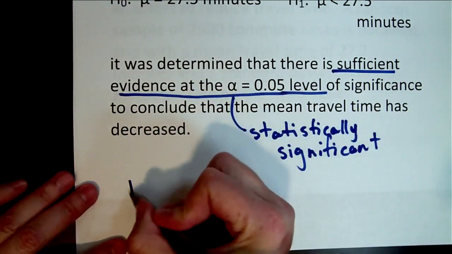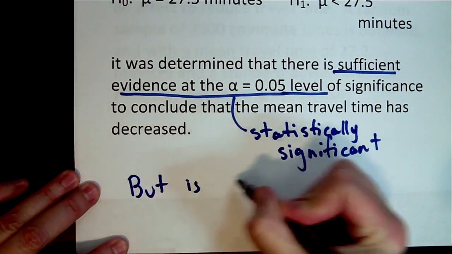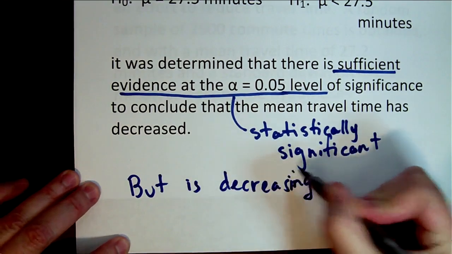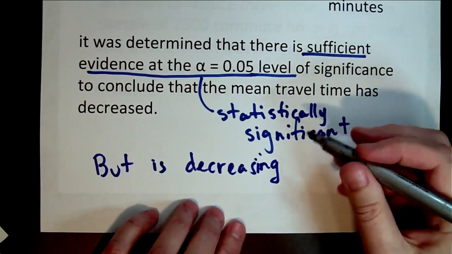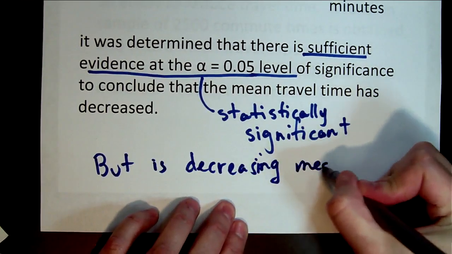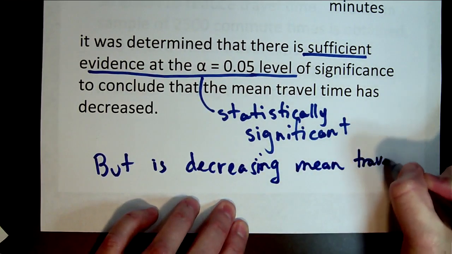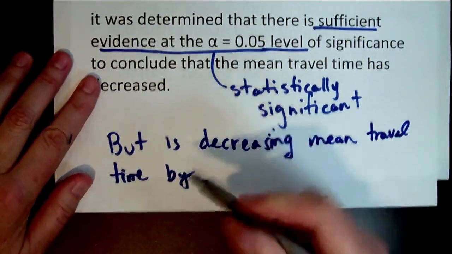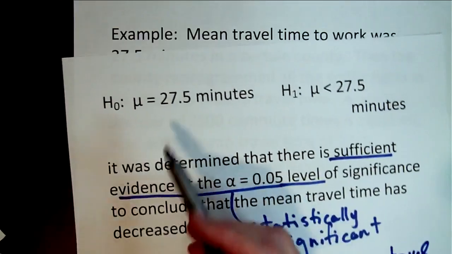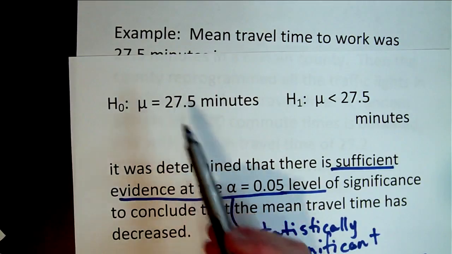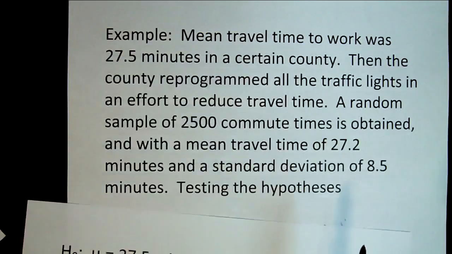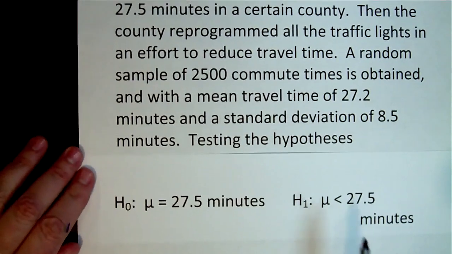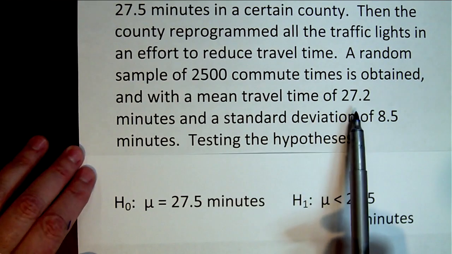In other words, is decreasing mean travel time practical? What was the difference? The old mean travel time was 27.5, and after recalibrating all the traffic lights, the mean travel time was 27.2.